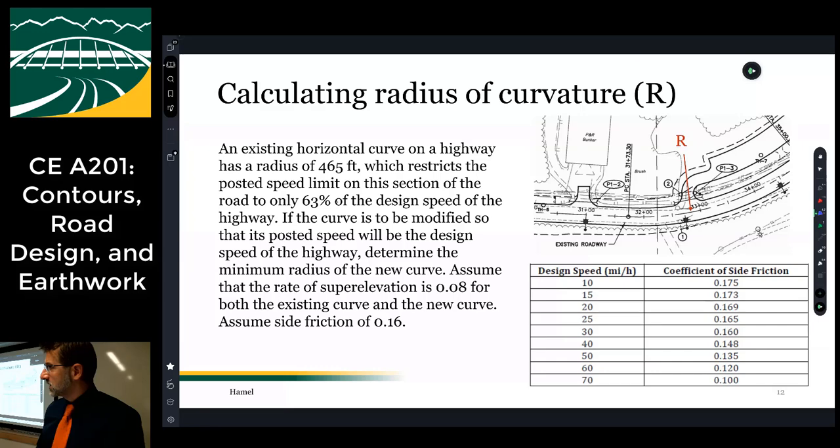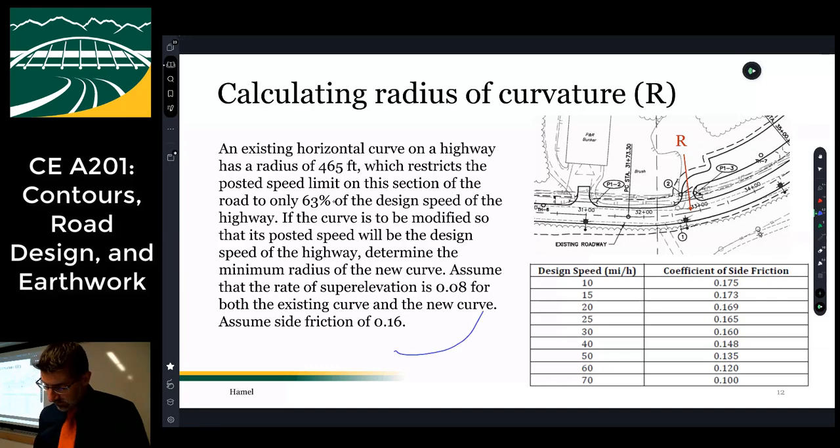So you have to go through that equation twice, because you have to figure out the current speed, divide that by 63%, and then go back through it again to figure out the correct radius.